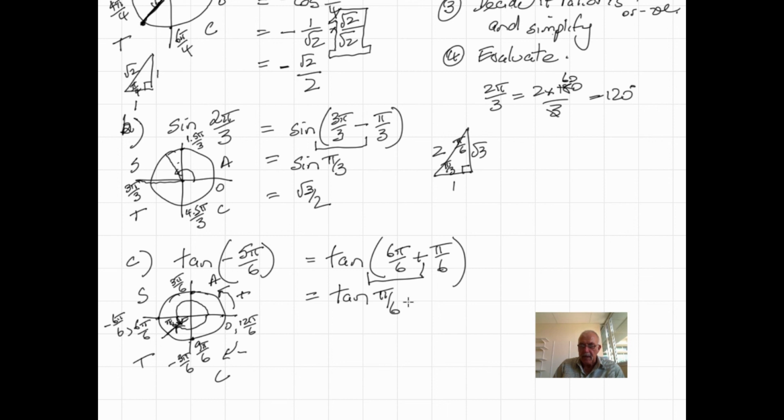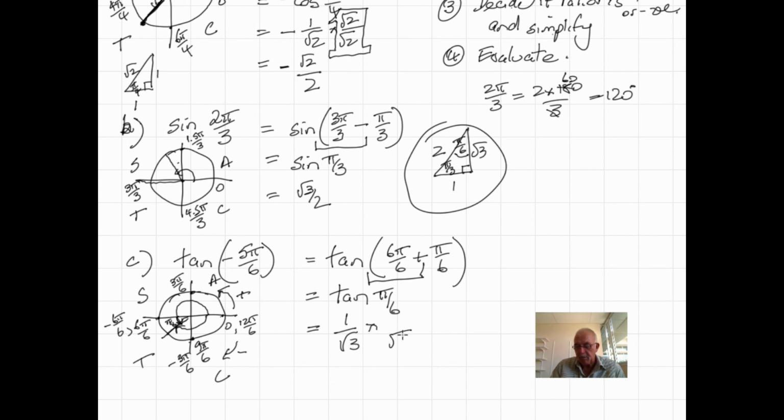And now we evaluate, and we've got our little triangle up here, and we've got pi on 6. So pi on 6 is up there, and the tan of pi on 6 is opposite over adjacent. So tan of pi on 6 is 1 on root 3. And just like before, we rationalise because we've got a surd in the bottom.